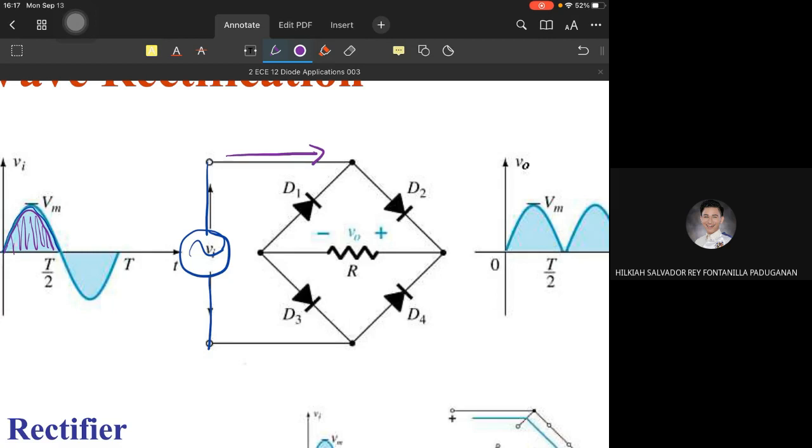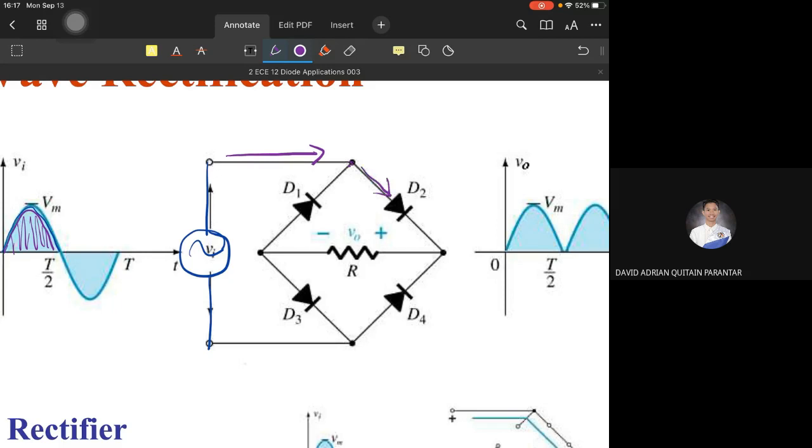So which of the 2 diodes do you think turns on? After passing through this node, it goes down through either of these diodes. So which of the 2 diodes is on at the positive half cycle? This one. Okay, this one. So at least what we learned before paid off. We know that this one turns on.